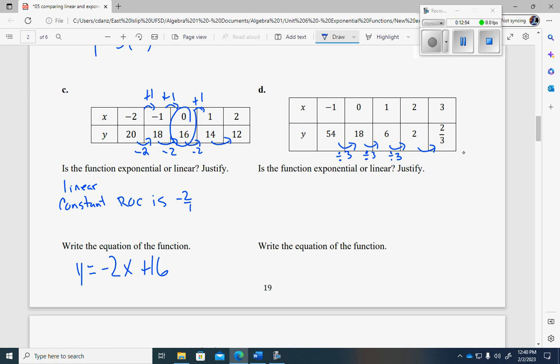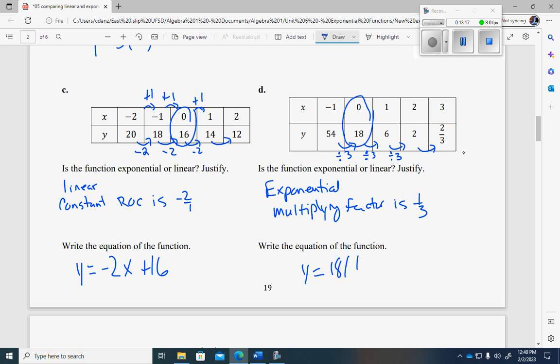If I'm dividing by 3, it actually means that I'm multiplying by 1/3. So it's exponential because the multiplying factor is 1/3. So the equation, right here's my y-intercept, is 18 times 1/3 to the x power.